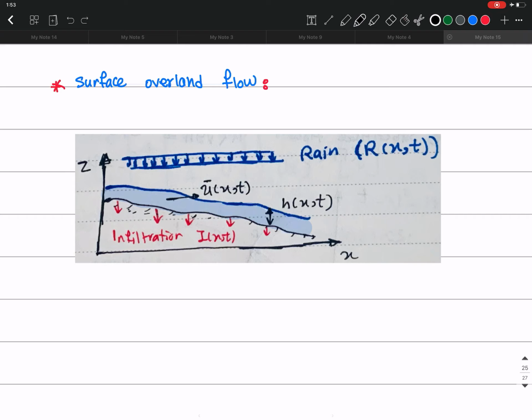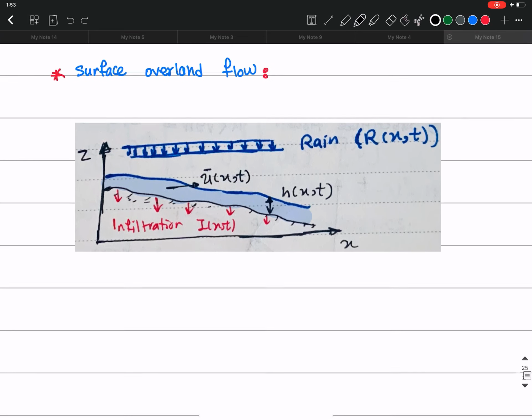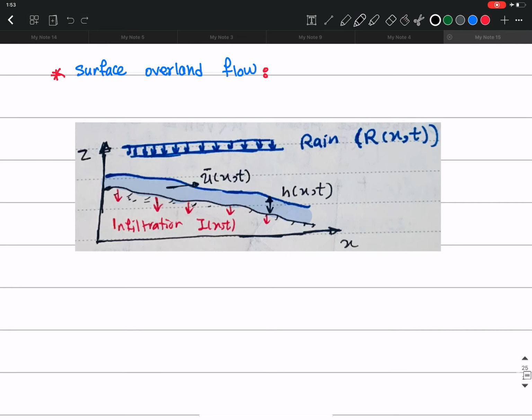At position x and at time t, we can have some source of water rain into this channel or river. So we want to solve these equations and we want to see how the water depth and stream flow, its velocity, changes with time.